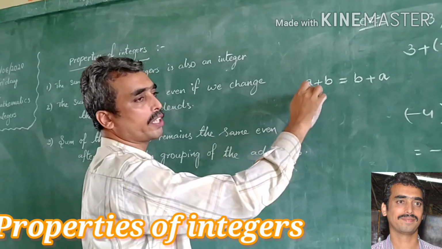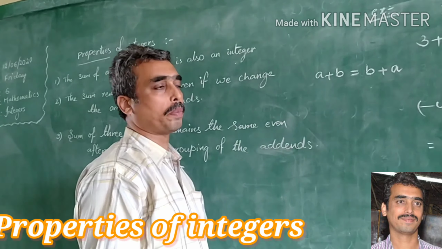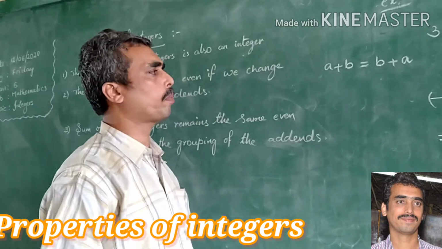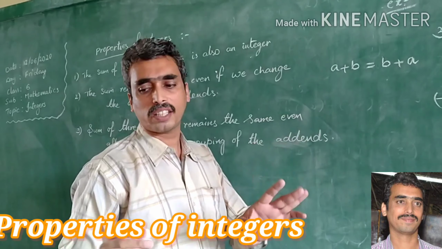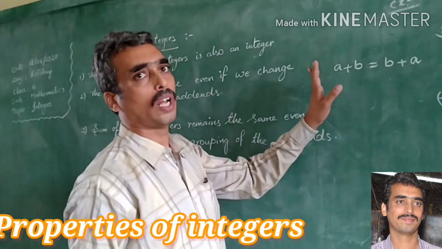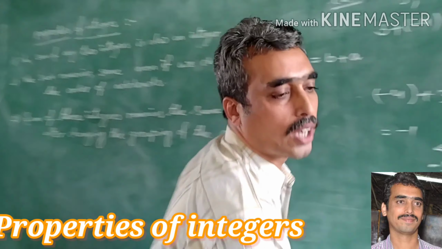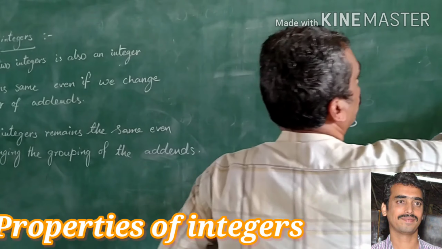In the place of addition, if you take multiplication, the name of the property is commutative property under multiplication, whatever the operation you are using. No problem here. The name of the property is not that important. Don't stress more on the name of the property. I am only explaining for your understanding of the concept. The name of this property is commutative property.